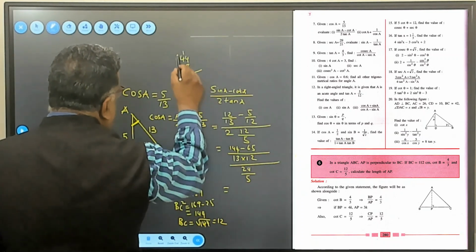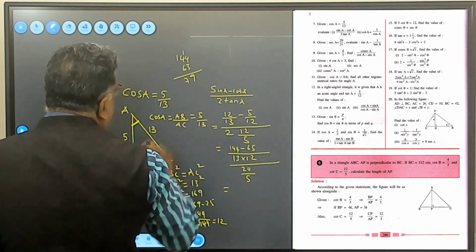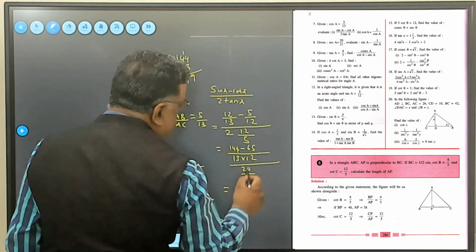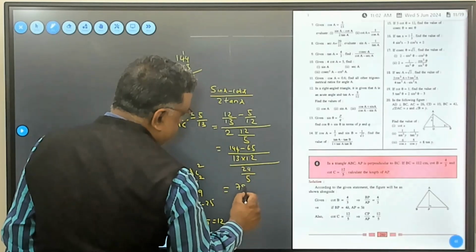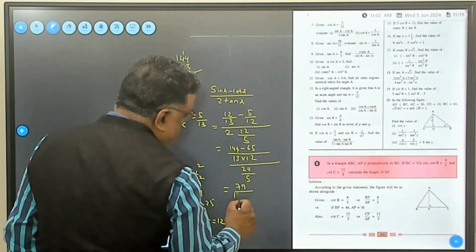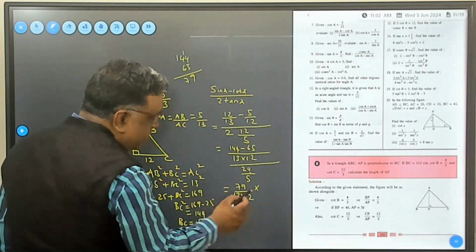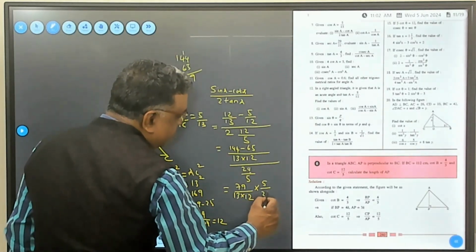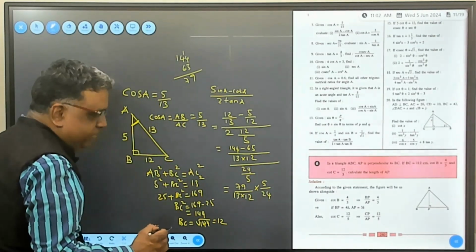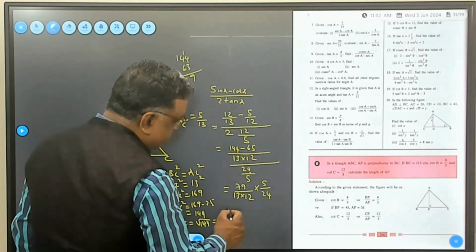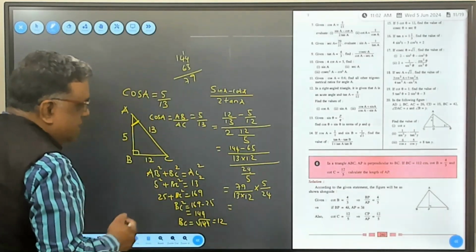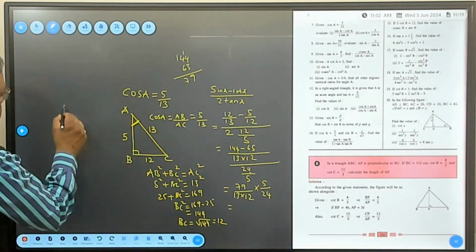This will be 79. So this became 79 upon 13 into 12, now divided by 24 by 5 means multiplied by 5 by 24. Correct? Now you have to simply multiply this and find the answer.